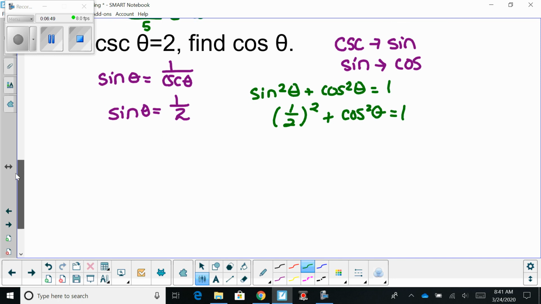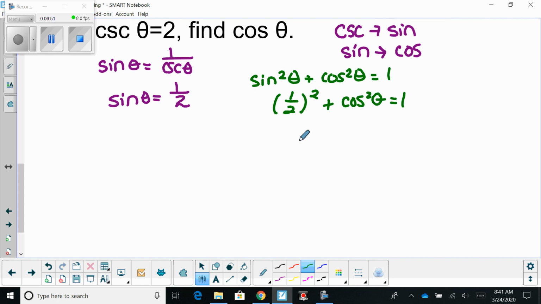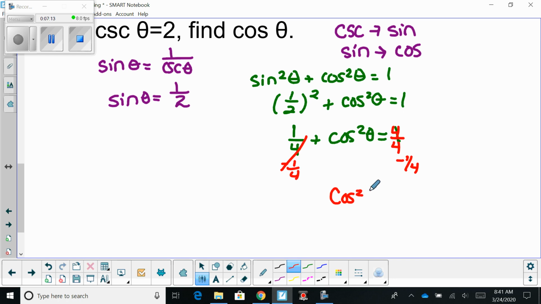And I'm going to simplify this equation. 1/2 squared, numerator is 1, denominator is 4. 1/4 plus cosine squared equals 1, which I'm going to go ahead and write with a common denominator of 4 over 4. Subtract 1 over 4. And I get cosine squared theta equals 3/4.